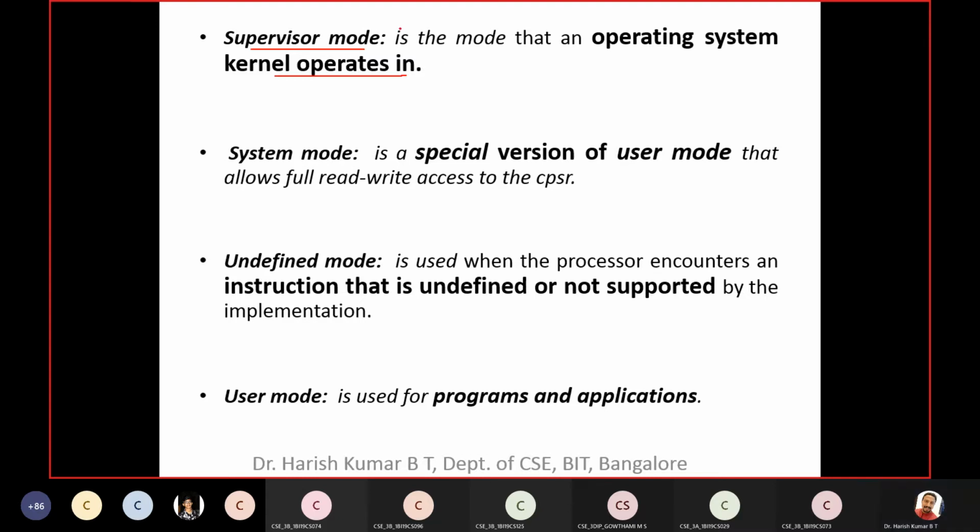Let me go in a simple way, because I want you to understand. In the C programming language, to read something from the keyboard, what statement do you write? Scanf.